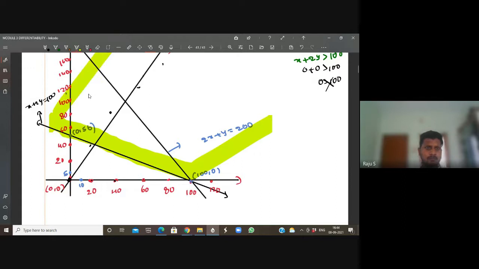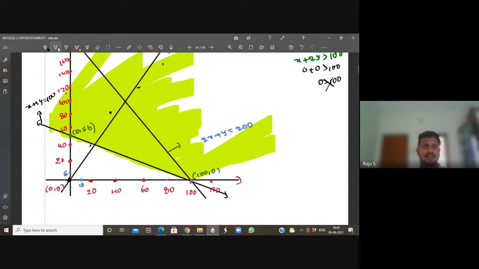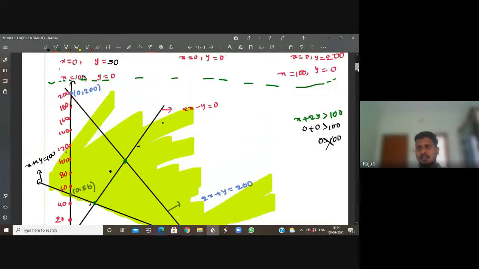This is the solution region. When you observe, it is already showing the common region, I think. Accordingly, this is the first inequality.